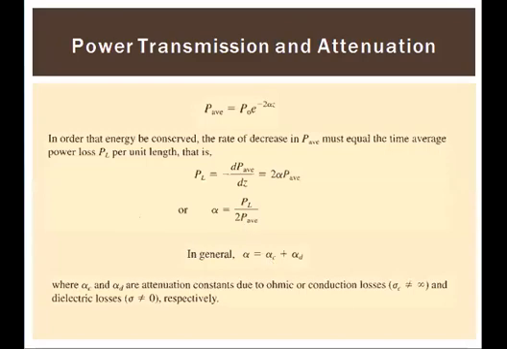Now, to analyze, we have assumed the lossless waveguide, that is conductivity of dielectric equal to 0 and conductivity of conductor is infinite, for which we can say that alpha equal to 0 and gamma equal to j beta.